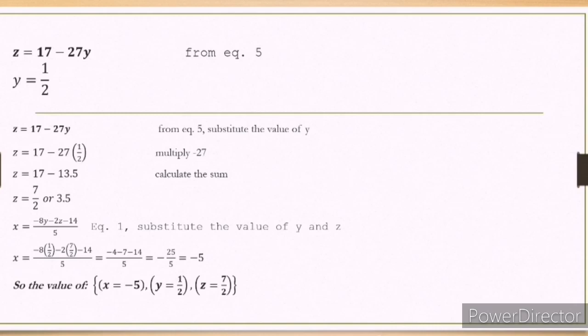Negative 25 divided by 5 is negative 5. So the values of x, y, and z are negative 5, 1 half, then 7 over 2.